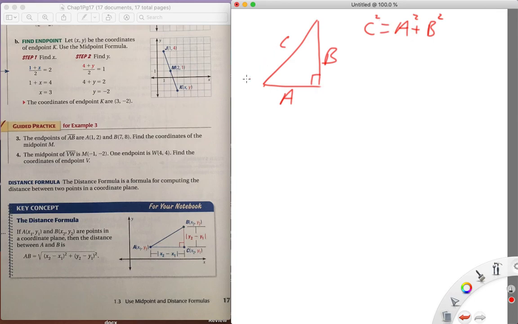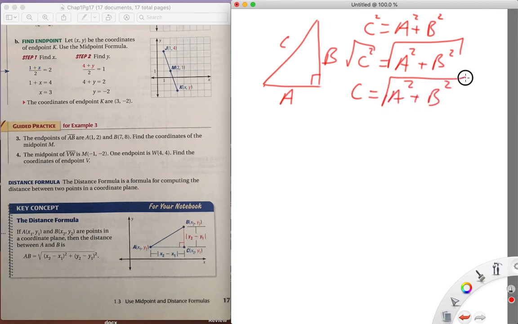If I want to find C, which is the hypotenuse, I'm going to square root everything, right? So C equals the square root of A squared plus B squared.